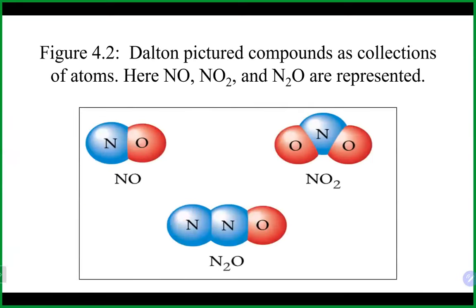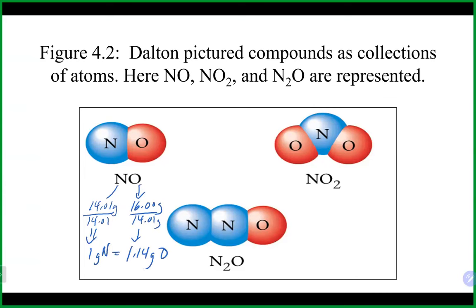Okay. So Dalton pictured compounds as a collection of atoms together, and there is a relationship. For example, here, if we look at just two elements, nitrogen and oxygen, nitrogen is about 14.01 grams and oxygen is about 16 grams, which means that if we divide both of these by 14.01, that will give us a 1 here, and 16 divided by 14.01 is roughly 1.14 grams of oxygen for every 1 gram of nitrogen.